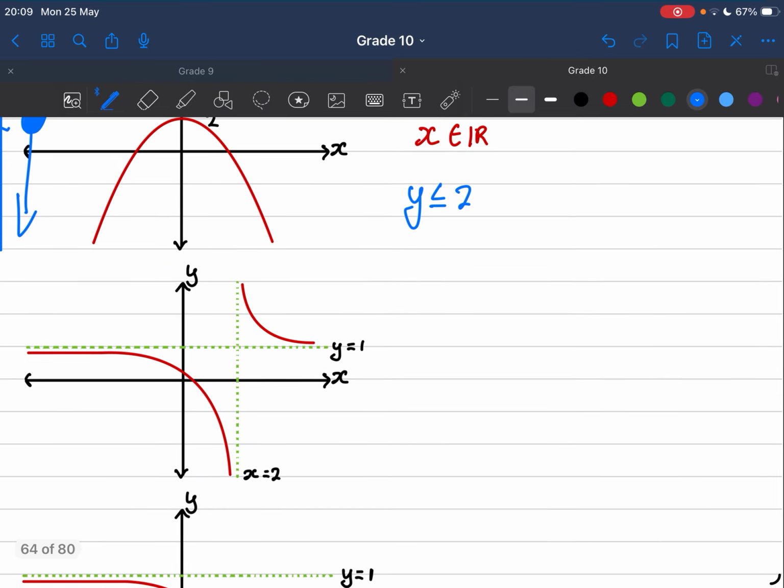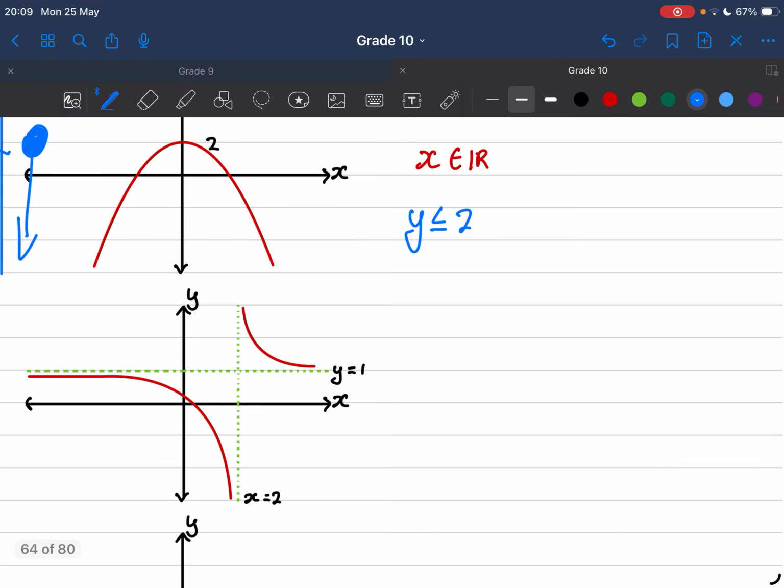What about this hyperbola now? How wide is it? So you would say it's infinitely wide, and that would be correct. x is an element of real numbers, but there's a slight problem. It doesn't exist here at the asymptote.